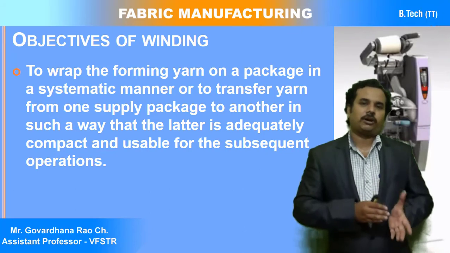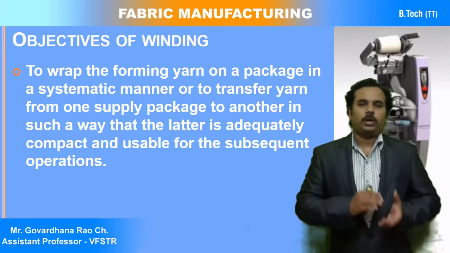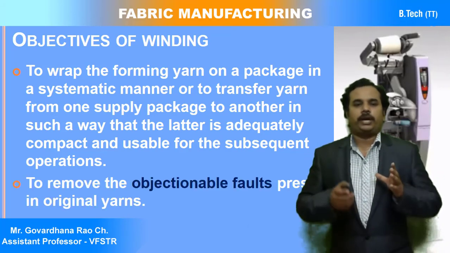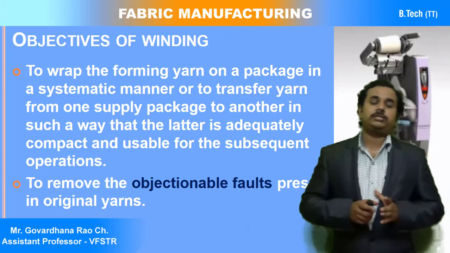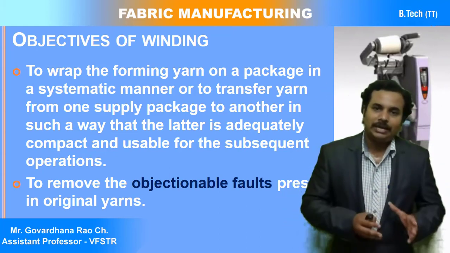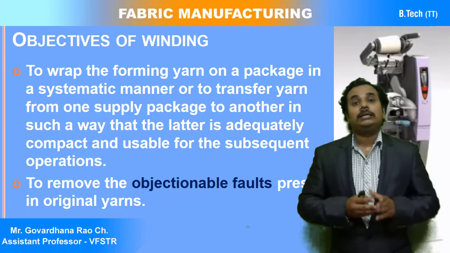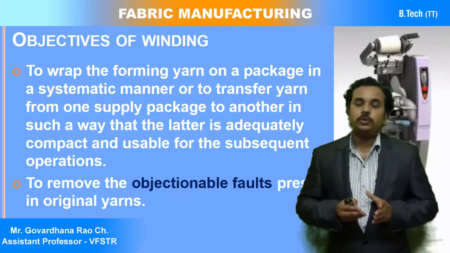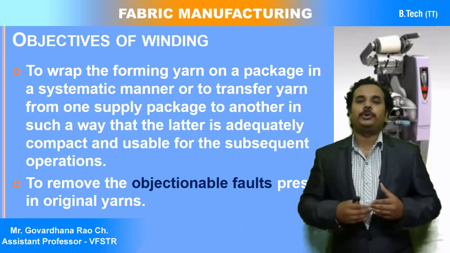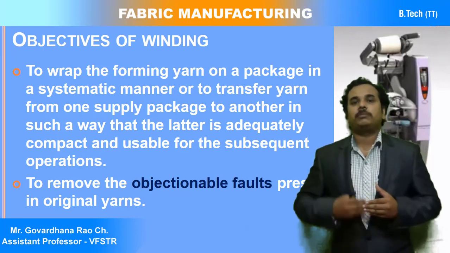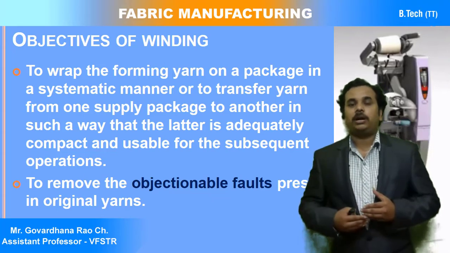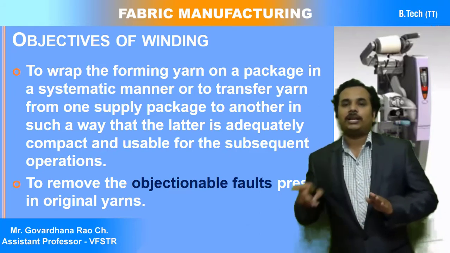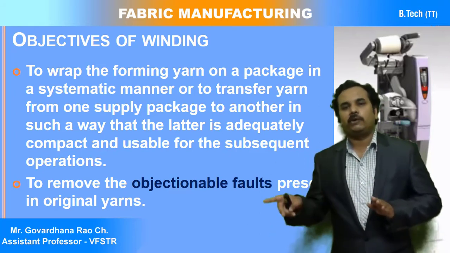So the conversion of smaller packages to bigger packages is one of the major objectives. The second main objective is, as I told earlier, that in the ring spinning process the yarn is not uniform. The yarn produced in ring spinning has some faults objectionable to the customer. These faults should not be carried into the further processes for making the fabric.